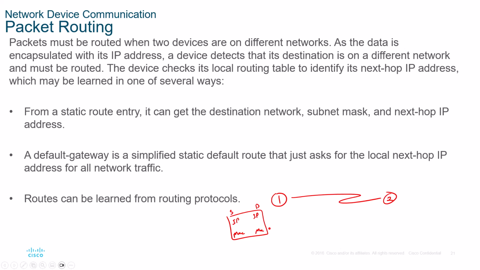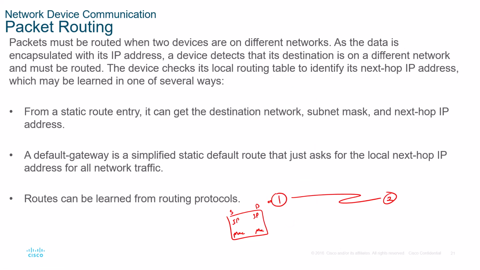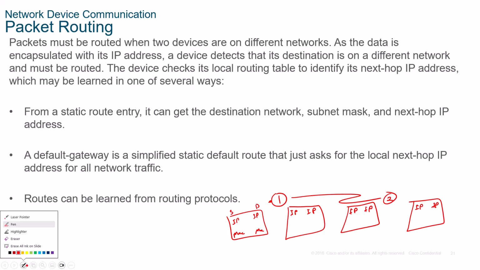The problem is when the router receives it on its interface, it is going to strip out some data. The IPs remain the same, assuming NAT is not involved.